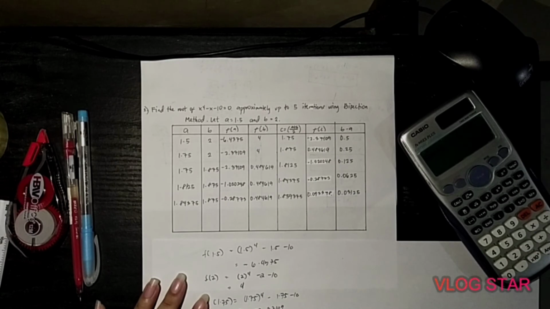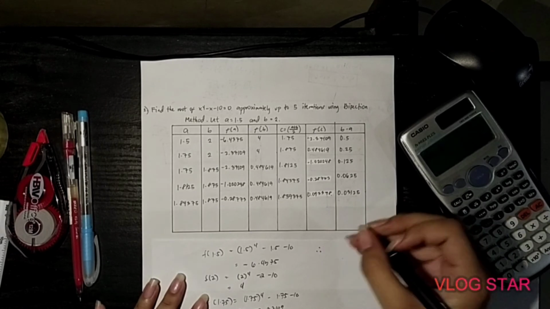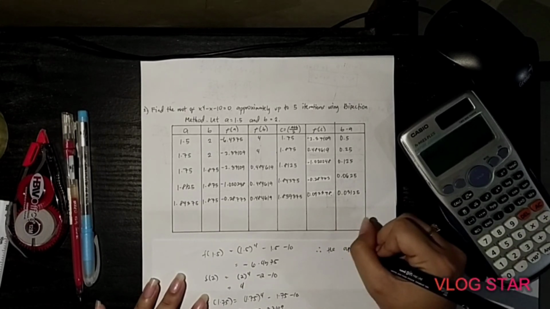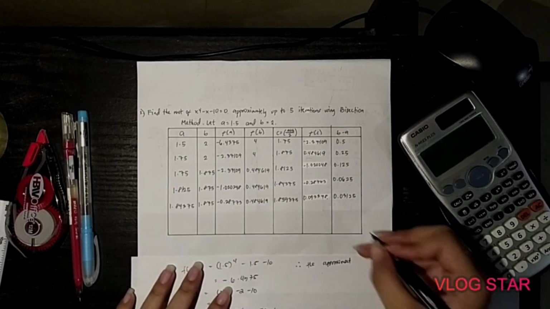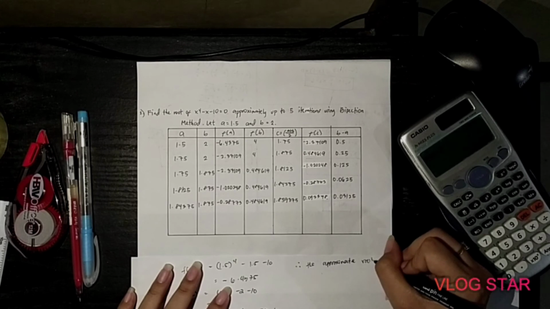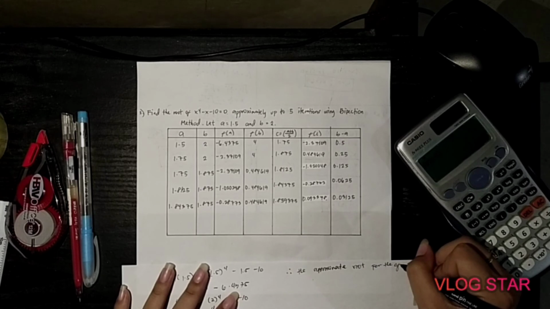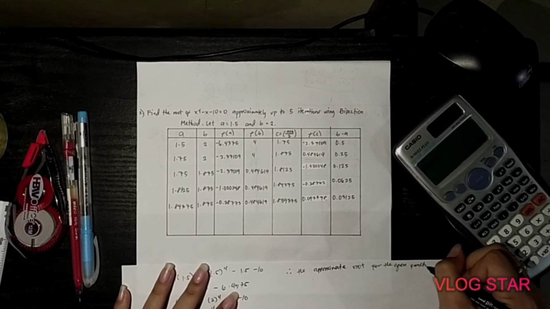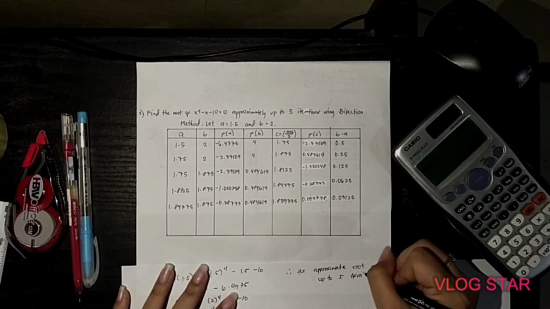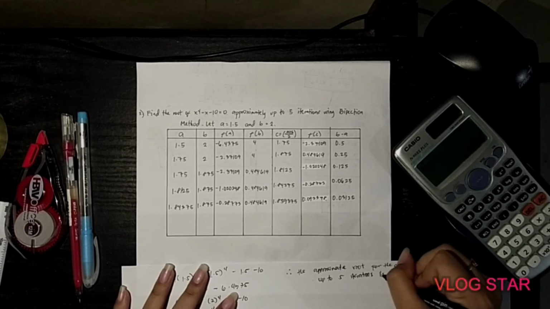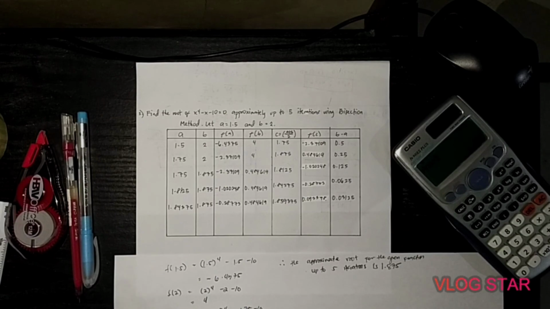So it's safe to say that the approximate root for the given function up to 5 iterations is 1.875. So that's it. Thank you for listening.